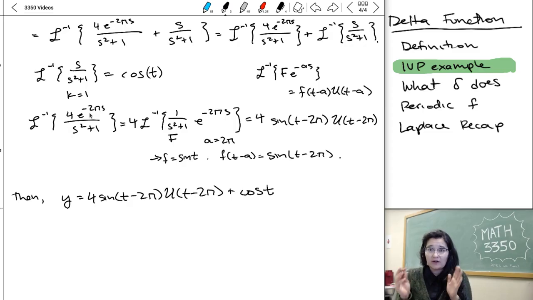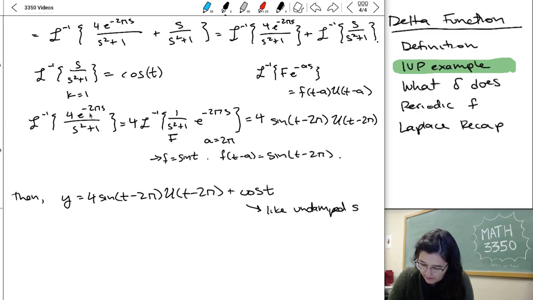So once you've got all that written down, I want to talk about what these terms actually mean. So this cosine t is the same kind of solution we got out of our undamped spring problems when we were looking at constant coefficients, where we didn't have a damping term on our middle derivative.